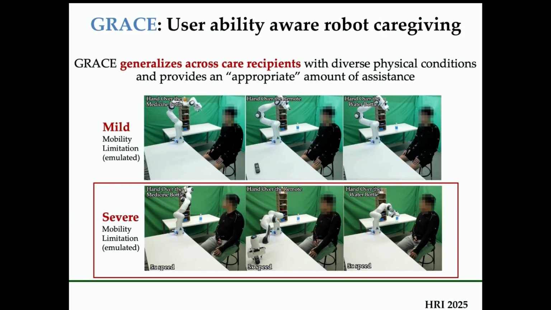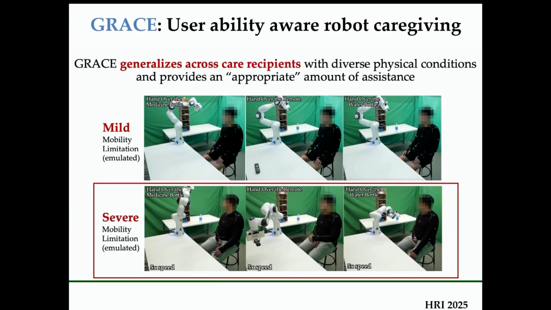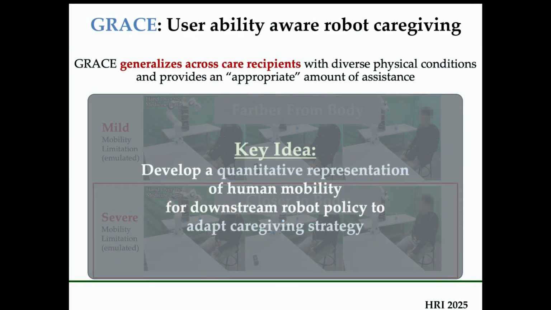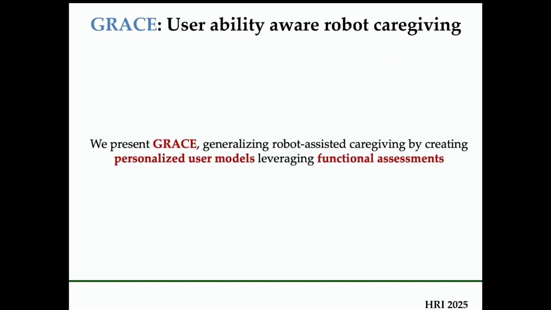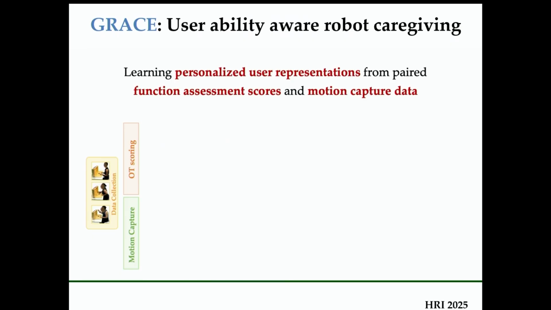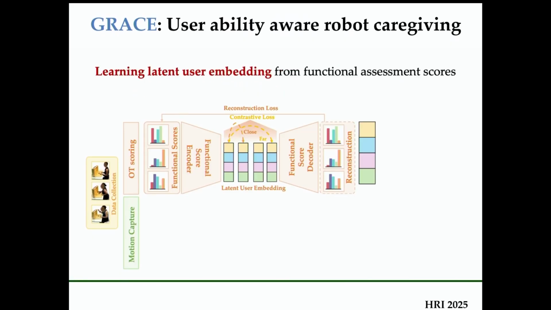If my feeding system knows how to feed this person, can it automatically generalize when a new person with a different mobility limitation comes in? So the idea was, can we somehow represent the mobility of a person so that the robot can use that knowledge to generalize the robot policies?